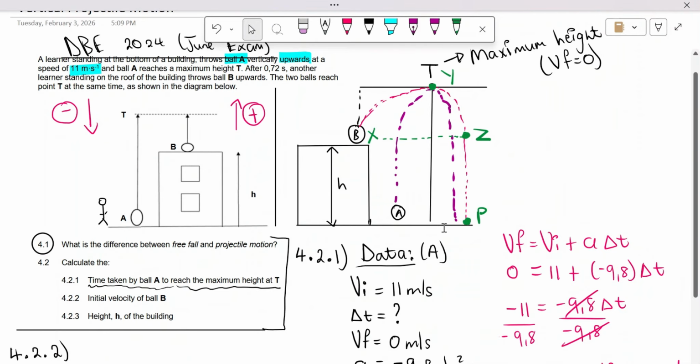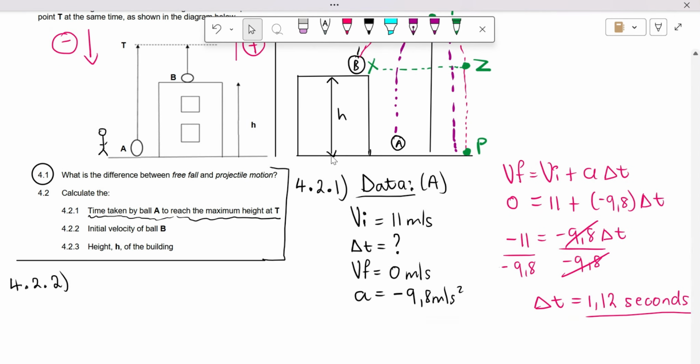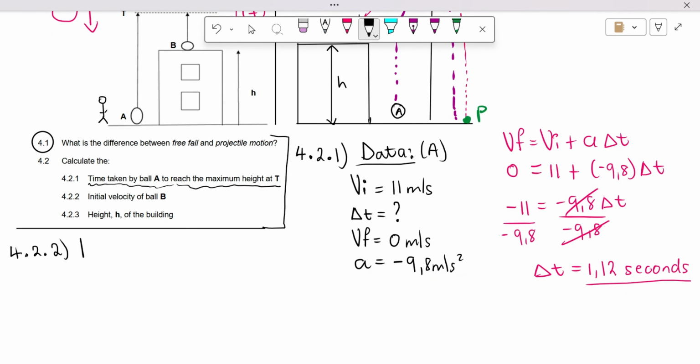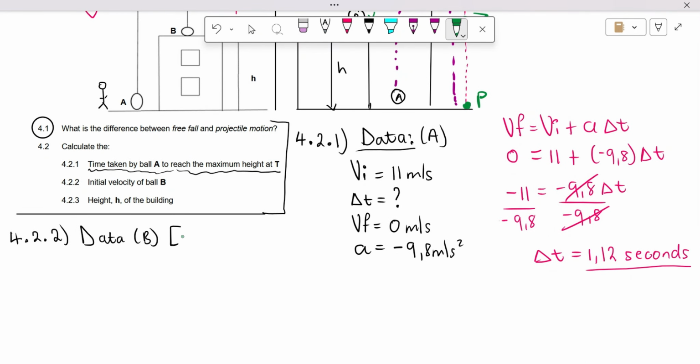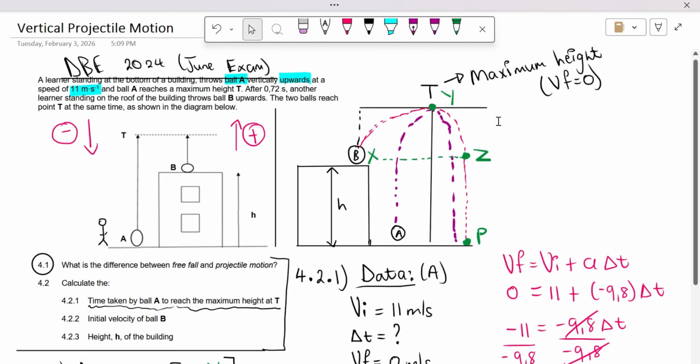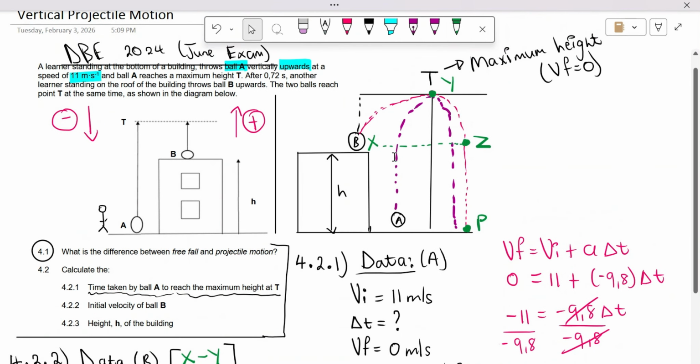For ball B, we don't have the initial velocity, but we have the final velocity as it reached the height T. So I'm going to now collect data for ball B. And this will be data from, we're going to be taking our letters from X to Y. I'm going to take data from X to Y for ball B. Remember, we used our letters there on the side for the motion of B. That means I'm taking from the height of the roof to the maximum height T.